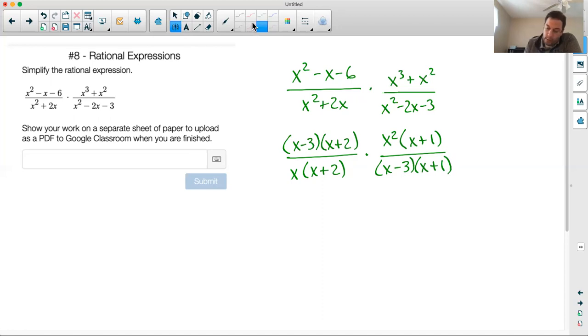And then the fun part is canceling these things out. So there's an x plus 1 on the bottom, an x plus 1 on the top, an x minus 3 on the bottom, and an x minus 3 on the top, an x plus 2 on the top, and x plus 2 on the bottom. And that leaves me with just this x under x squared. Well, that x cancels with one of these, leaving me with just x. And so x is our final answer.